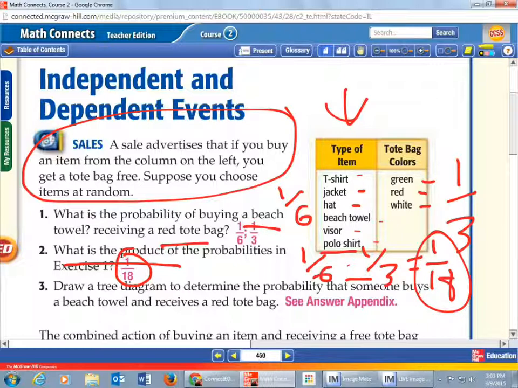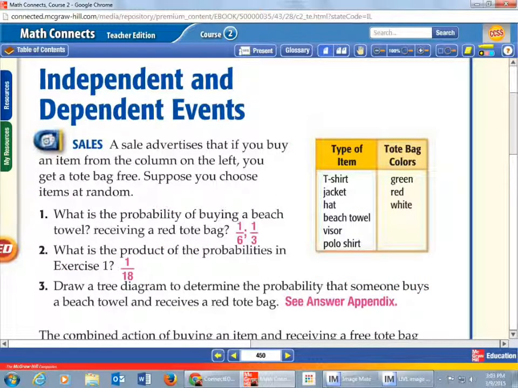Now, you can draw a tree diagram. That tree diagram would be, for every t-shirt you get green, red, white. For every jacket, you would be able to get green, red, white. For every hat, green, red, white.